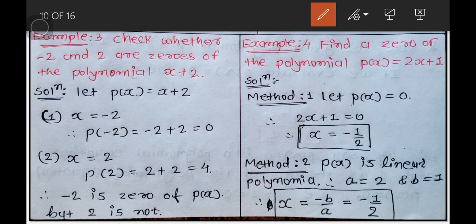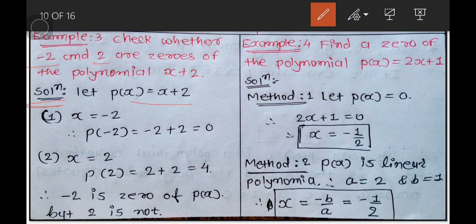Example 3: check whether minus 2 and 2 are zeros of the polynomial x plus 2. Remember what a zero is: the value that makes the polynomial equal to 0 is a zero of the polynomial. For the solution, let p of x is equal to x plus 2. Now we put the values minus 2 and 2 in the given polynomial.